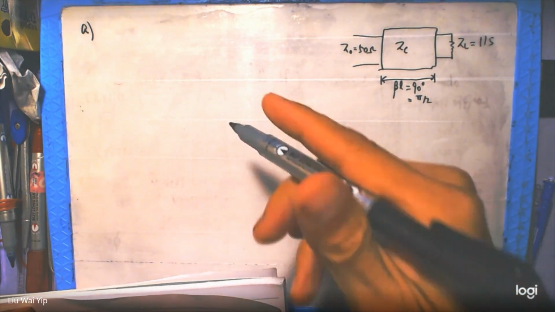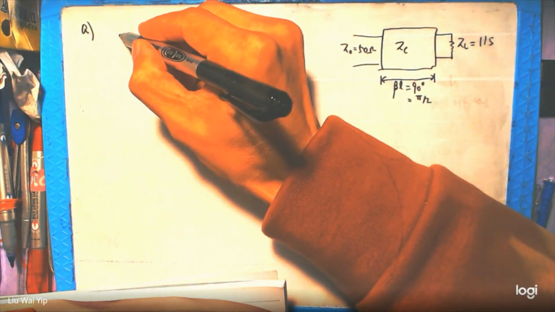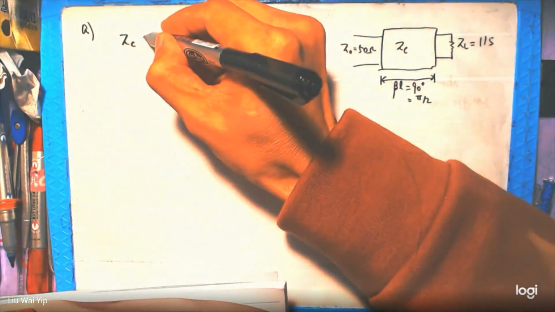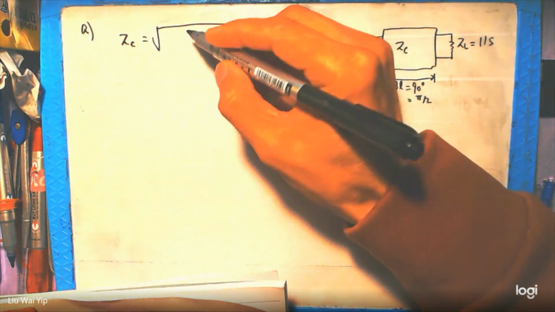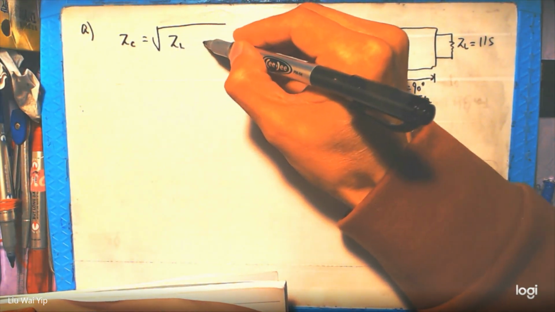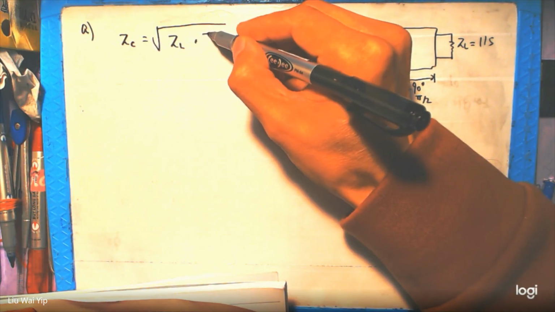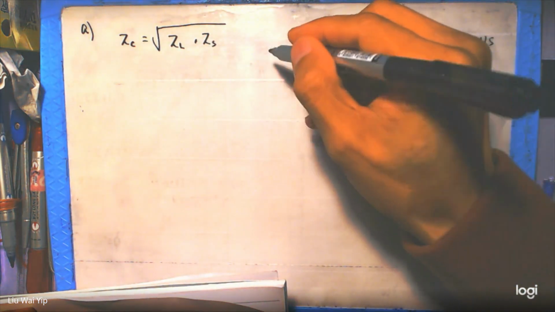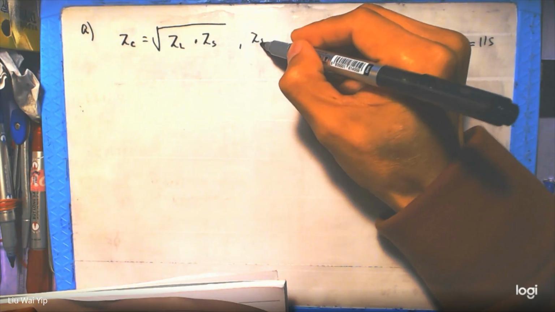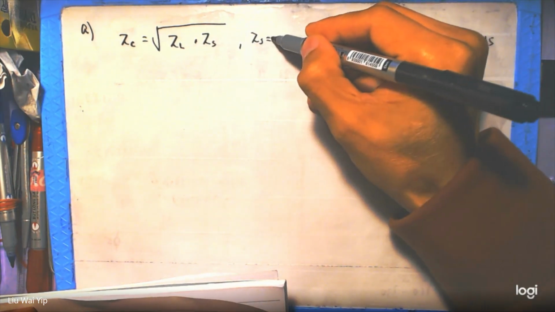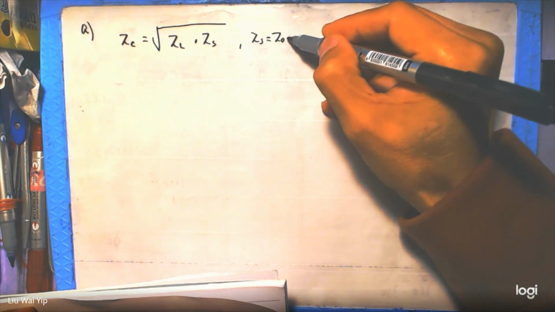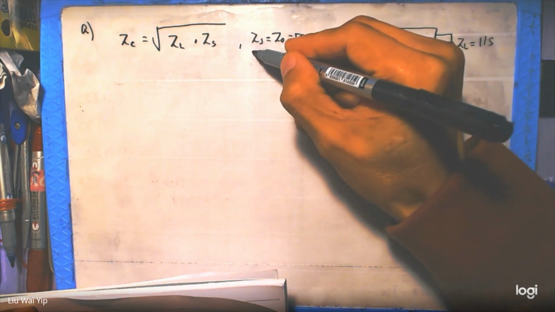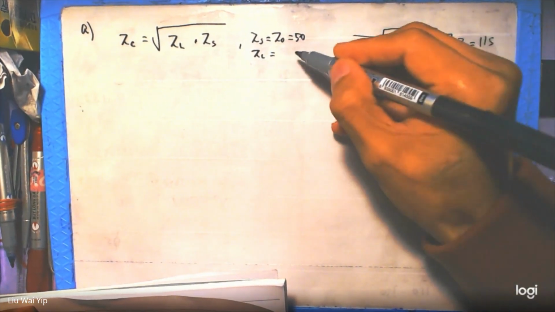If you remember correctly, the characteristic impedance is given by the square root of the source times the load, where the source is the characteristic impedance of the transmission line, 50, and the load is 115.